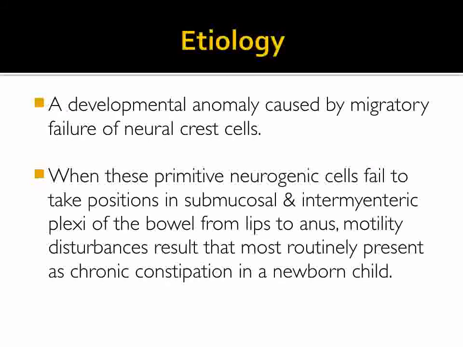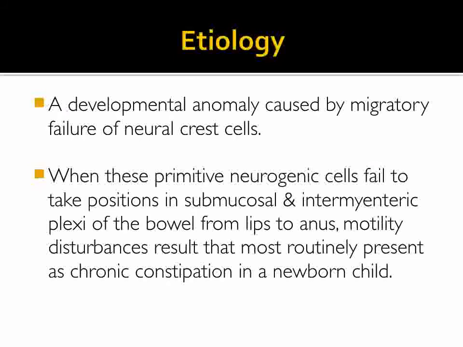Hirschsprung disease is a developmental anomaly caused by migratory failure of neural crest cells. As we know, the peristaltic movement of the intestine is controlled by the local nerve supply of the intestine, called the enteric nervous system. The source of this enteric nervous system is the neural crest cells.